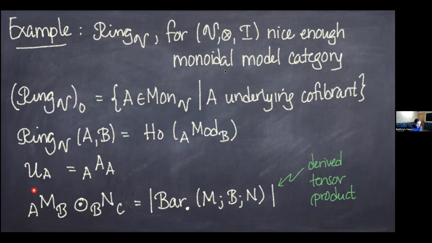And now the horizontal composition is going to be derived tensor product instead of actual tensor product, which I'll get by explicitly making the choice to take the two-sided bar construction with coefficients in M and N, and then taking the geometric realization of that. And it turns out that because everything is nice enough and these are cofibrant, this is actually going to give me a full bicategory structure.